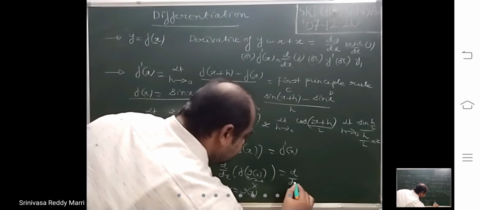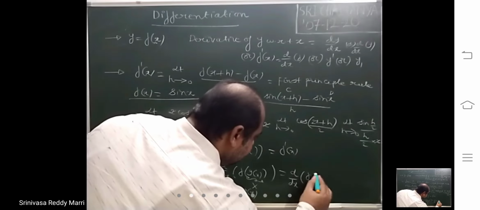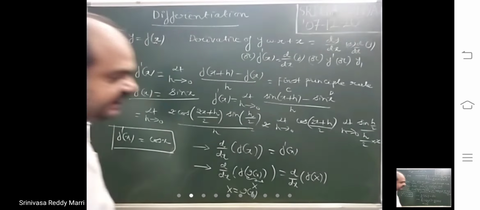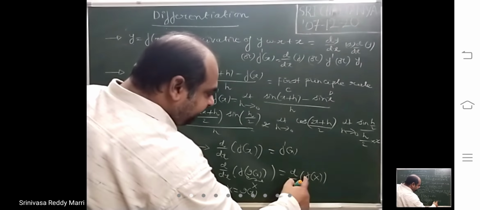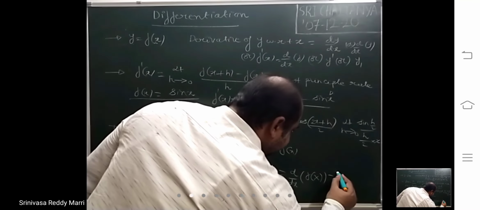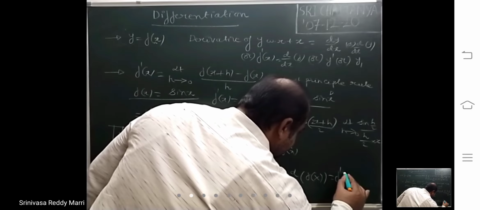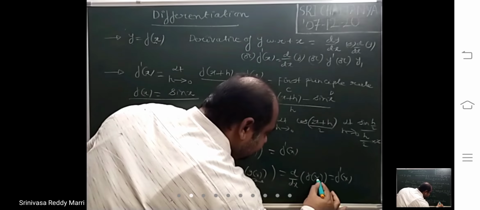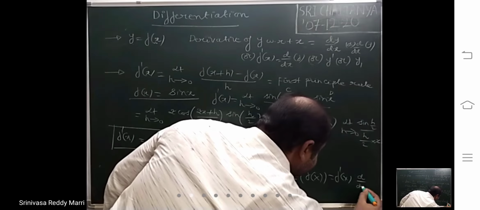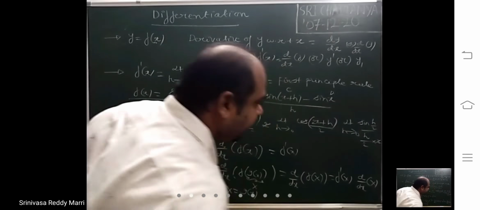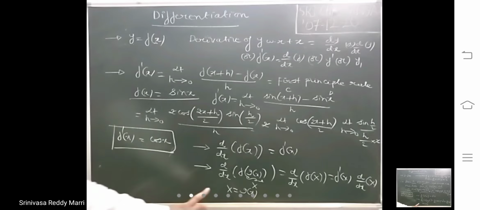That means this will become d by dx of f of capital X. Now the derivative of f of x is f dash x. But this is not small x, it is capital X. That means whenever capital X has been taken, you have to write d by dx of that capital X.